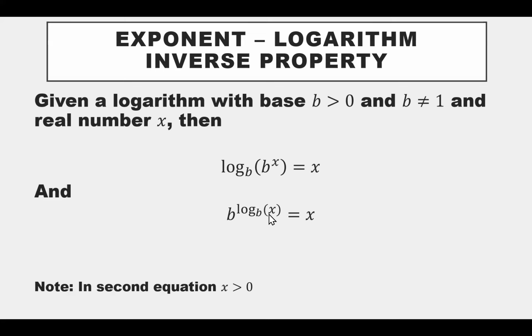But as long as we have x greater than 0, we have this identity for any x value. Those are very important properties of logarithms, but they're not the only properties of logarithms.